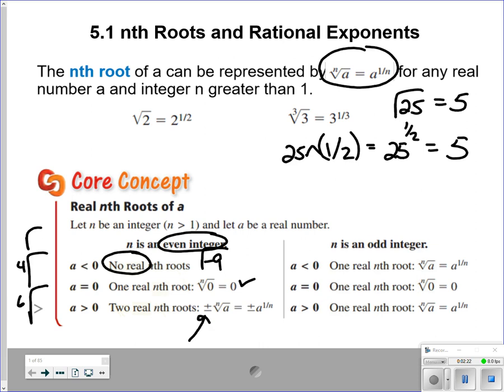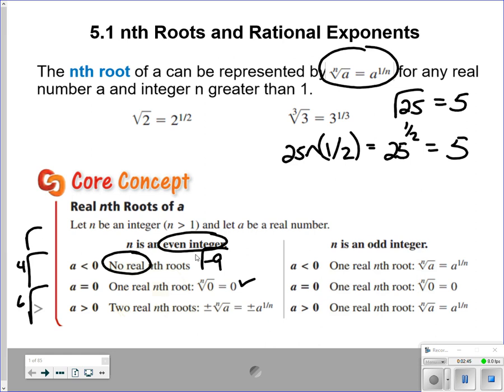If you are solving and you have a radicand that is positive, now you're going to get a plus or a minus. Just like when you got a plus or a minus when you did the square root of both sides, it would technically work if you did the fourth root of both sides or the sixth root of both sides. So any even root of both sides of an equation is going to be a positive negative. It's just not square roots. It can be any root.